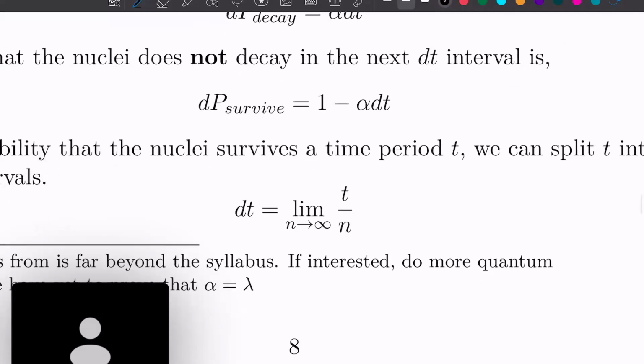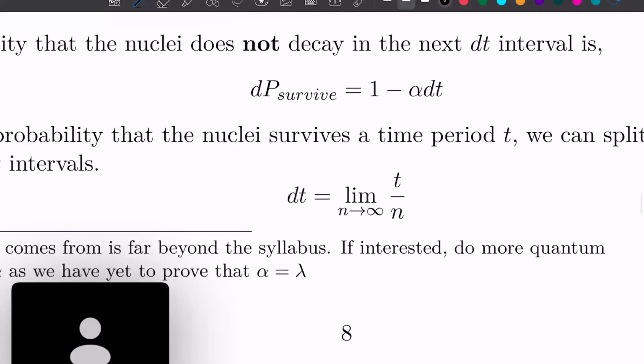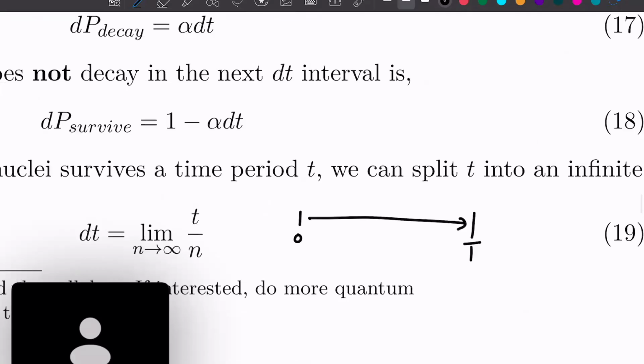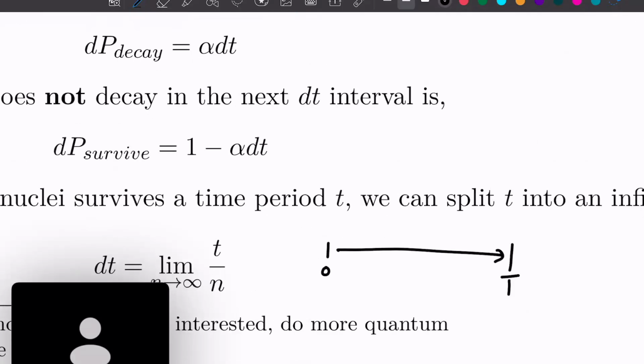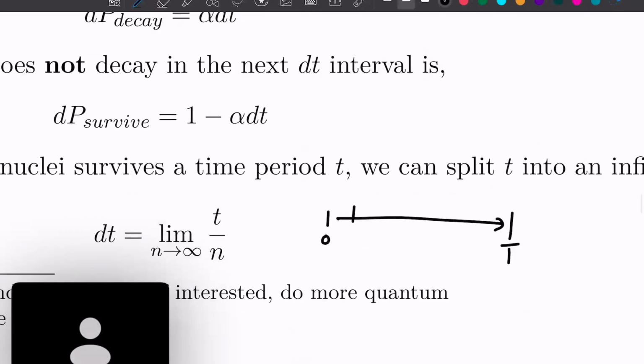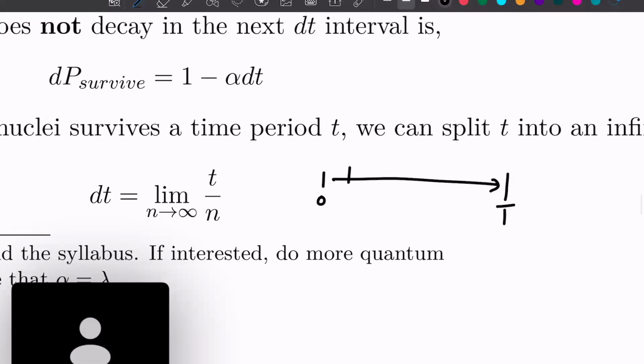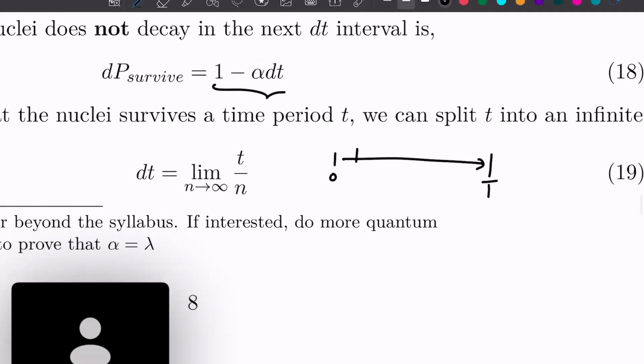Then for it to survive from 0 all the way to t, let's imagine that the nuclide is rolling a dice at every dt. This is a dt, this is a dt, this is a dt. And so for it to survive all the way until here, every time it rolls a dice, it has to reach the outcome 1 minus alpha dt.